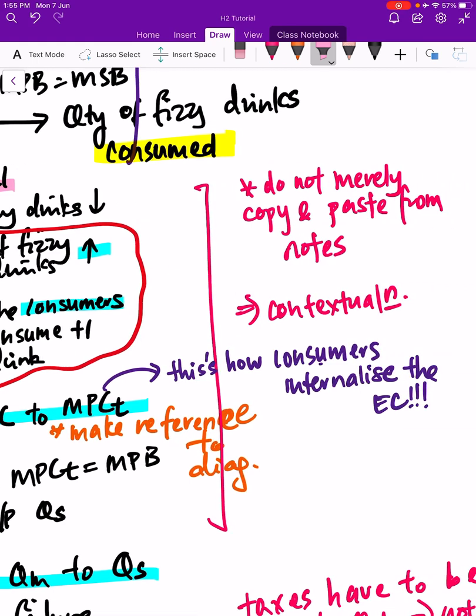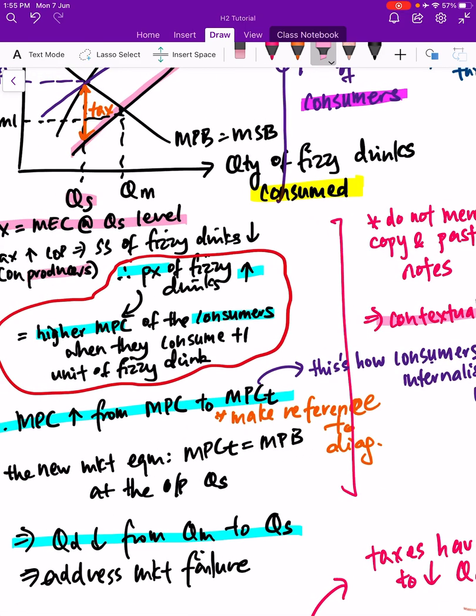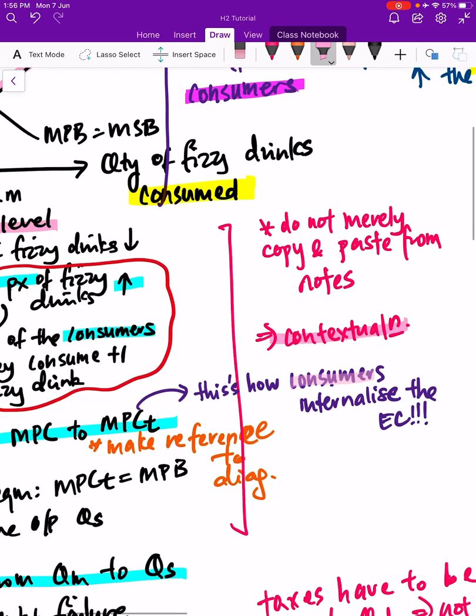You need to be able to contextualize and explain how taxation works. When the private cost of the consumers increases, that is what we meant by consumers internalizing the external cost, because you are making the external cost part of their private cost.